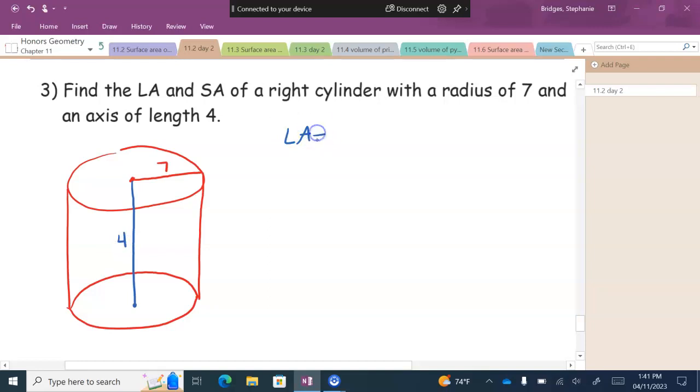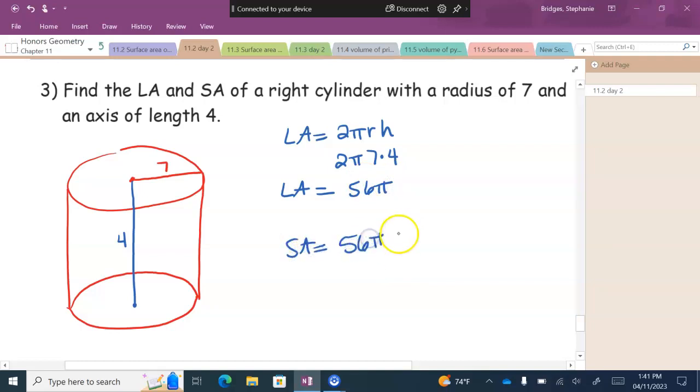So we're going to go our lateral area, which is our perimeter, 2 times pi times radius, times our height. What's my radius again? And my height is 4. So if we multiply 2 times 7 times 4, we get a total of 56 pi. And then for my surface area, it is going to be that 56 pi plus 2 times pi times radius squared.